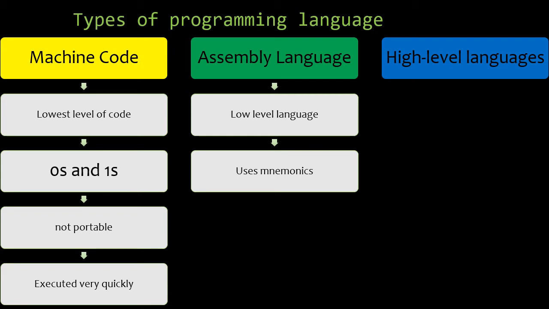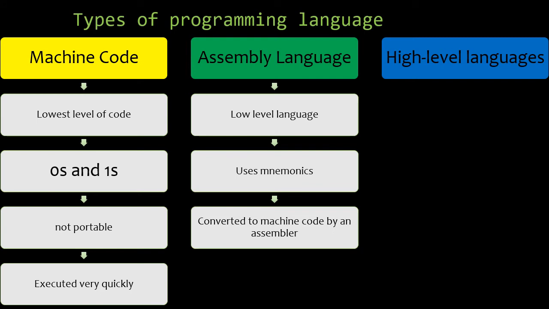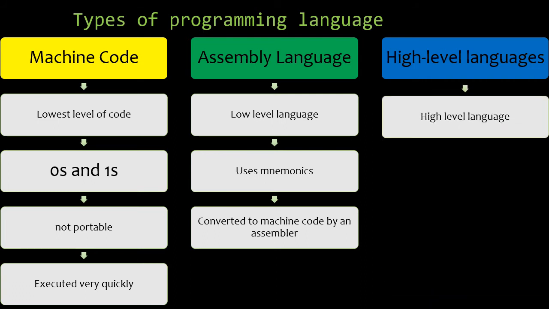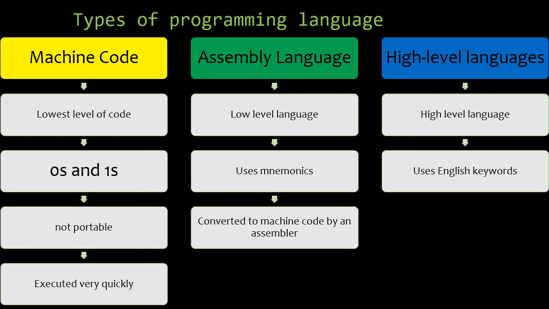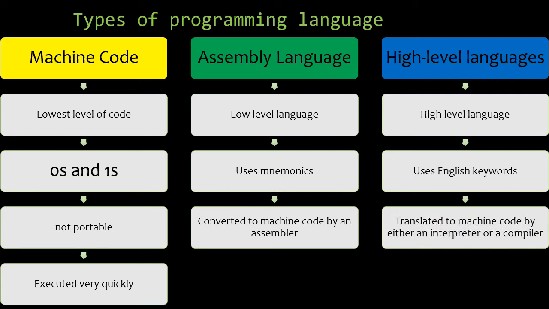I may set you some tasks to have a go, possibly next lesson. Assembly language would be converted to machine code by an assembler. And then high-level languages use English keywords, which make them much easier to understand, but they will still be translated to machine code by either an interpreter or a compiler. Again, we will look at those in more detail next lesson.